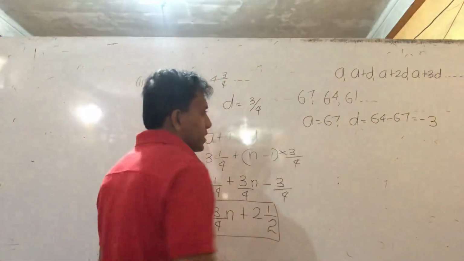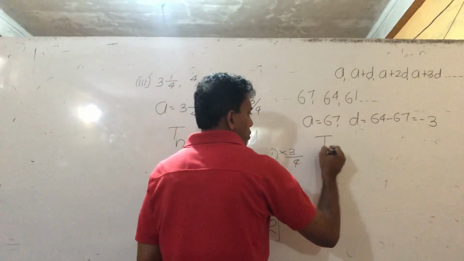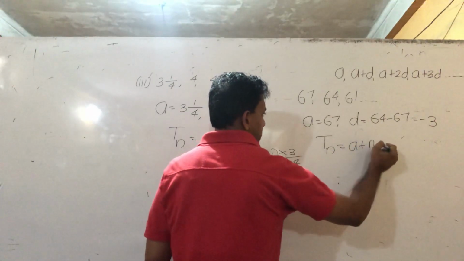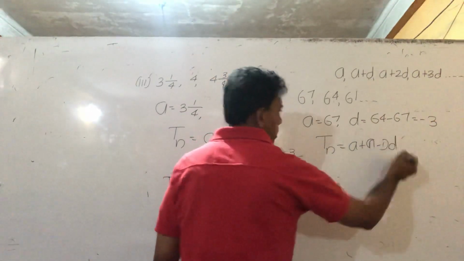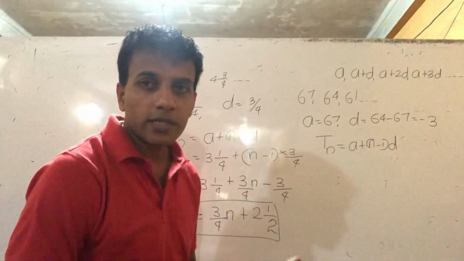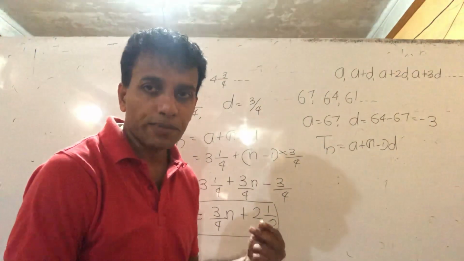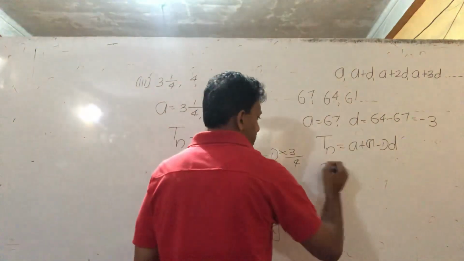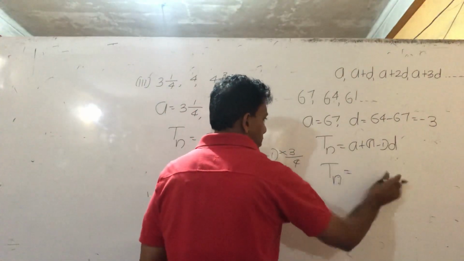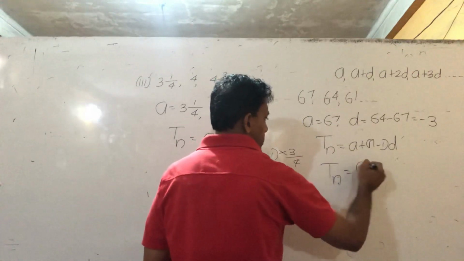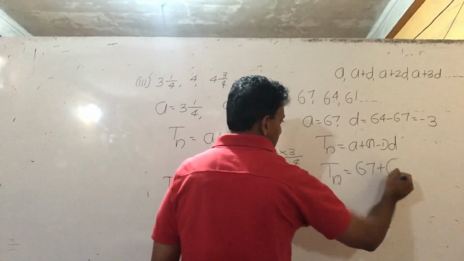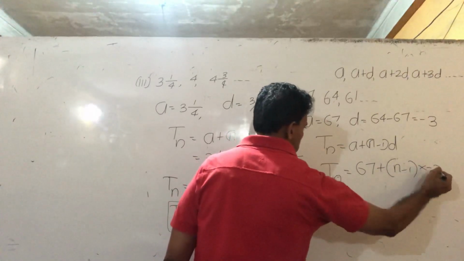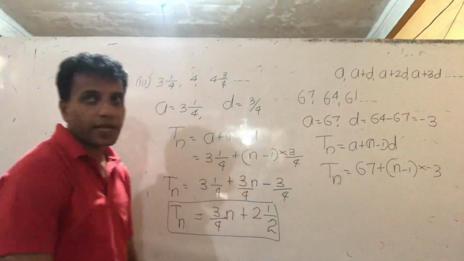Okay. Now write the nth term: Tn equals a plus n minus 1 d. Now you know the A answer, you know the D answer, substitute and get. That's the method, right? Nth term Tn equals a for 67, n minus 1, d for minus 3.